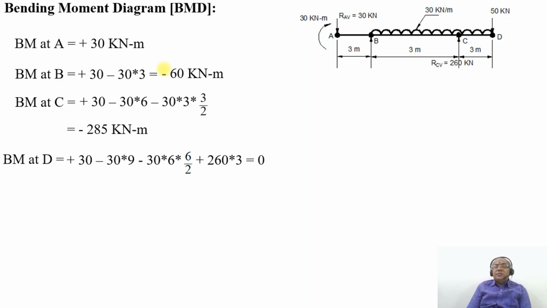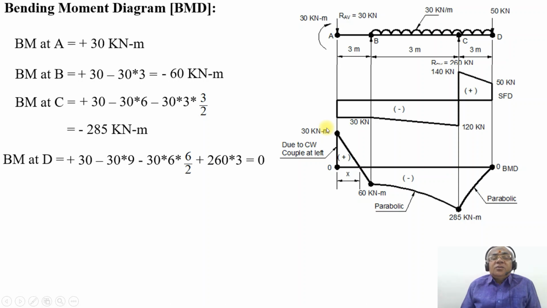Again, since the reaction at C is acting upwards, it becomes positive, so plus 260 into 3. On simplification, you will get that value as 0. So this is how you will be able to plot the shear force and bending moment diagram.